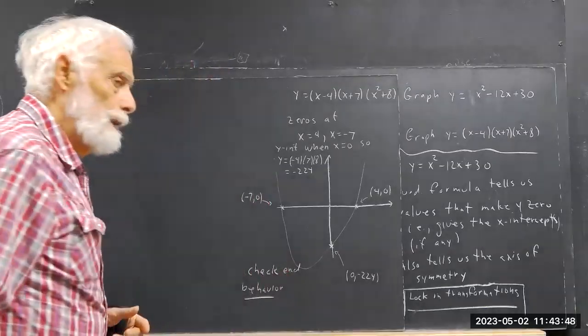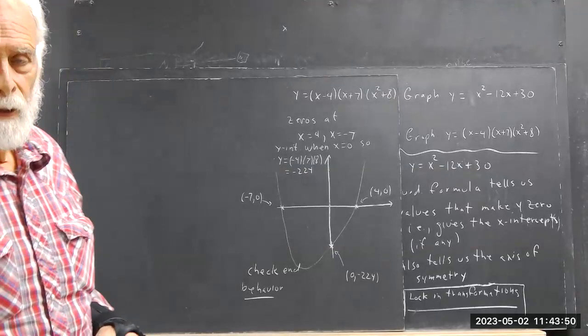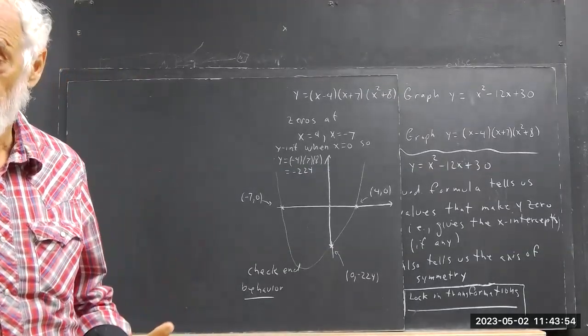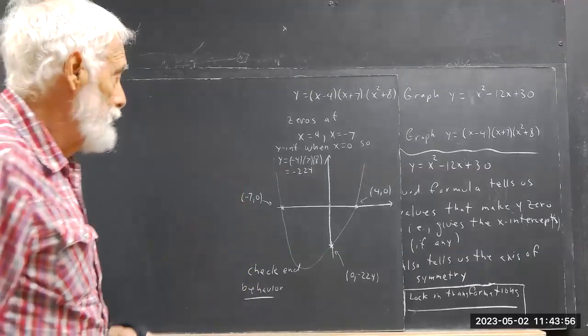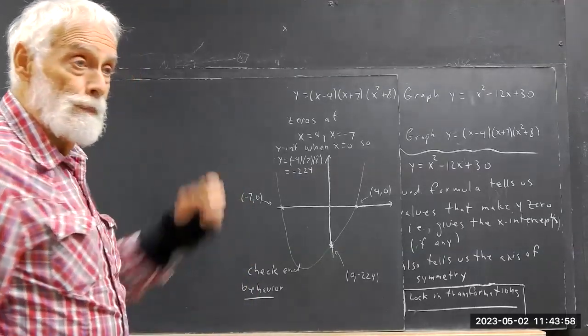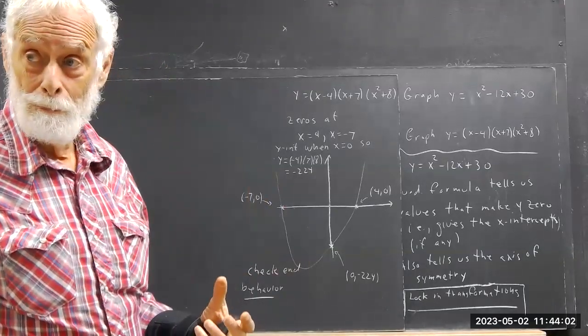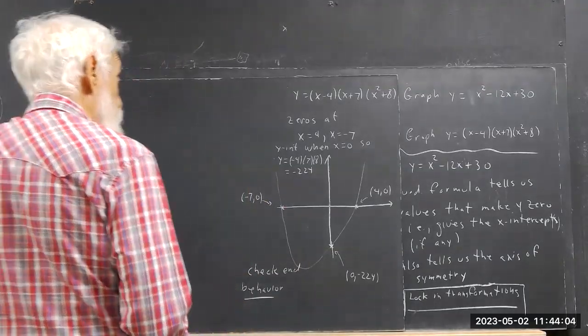And there are certainly times when you really need to check out the end behavior before you sketch the graph. In this case, it wasn't really necessary, but we check it out anyway, just to make sure we didn't miss something. Okay, so we check out the end behavior.